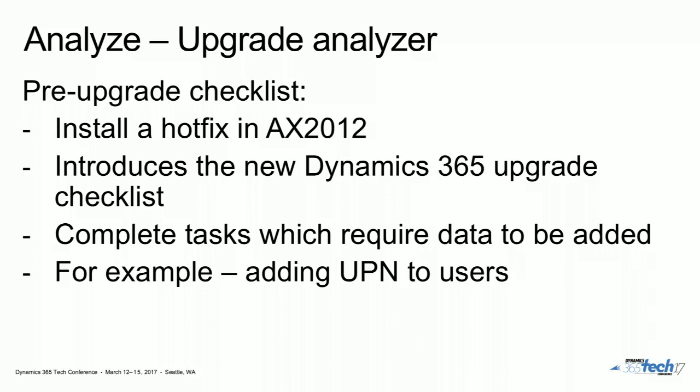Worst case scenario, there's no relation at all. They might have different syncing options, like a one-way sync, or they might be fully integrated, and then you could just run a widget that would populate values on your on-prem system. So we provide the ability for somebody to go in and add the UPNs, basically. Otherwise, your upgrade will run perfectly well, but no one will be able to log in on the other end.